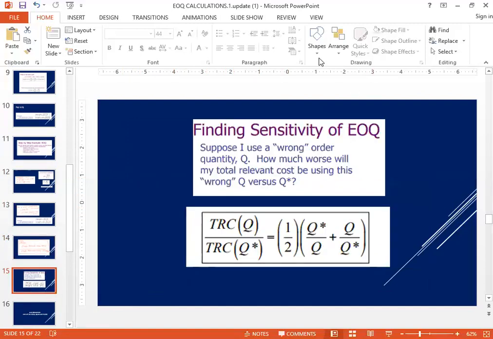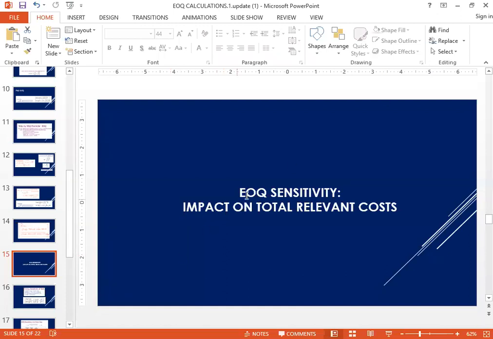Now, next up, I will be talking about sensitivity. The whole idea behind EOQ sensitivity is that if the quantity is a little bit above or below the EOQ amount, and you want to figure out how much this is going to impact your total relevant cost, then you calculate the EOQ sensitivity.